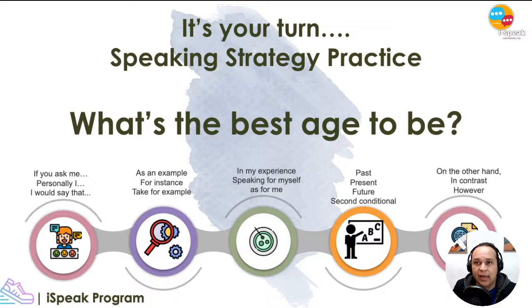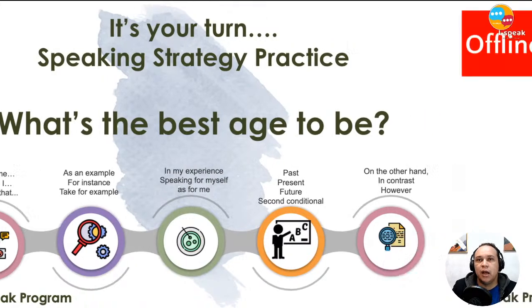On the other hand, in contrast, however. Alrighty? So that's going to be the assignment. The assignment is that you can answer this question, what's the best age to be, by using this strategy of opinion, example, experience, grammar range, and transition words.